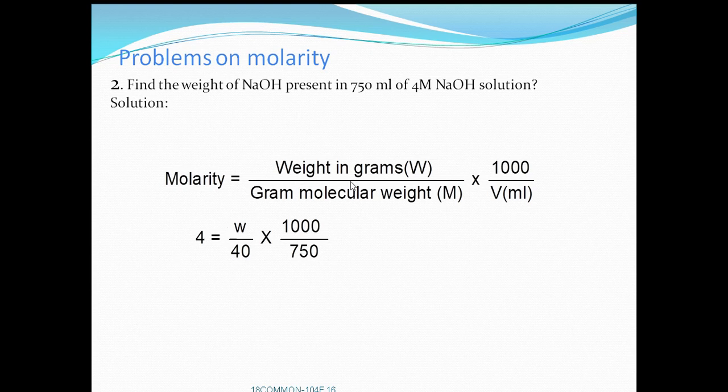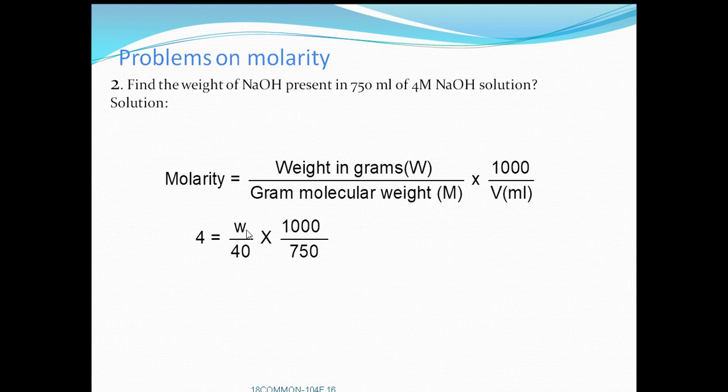So W by gram molecular weight of NaOH. Sodium atomic weight 23, oxygen atomic weight 16, hydrogen atomic weight 1. If you sum all values, we get 40. So W by 40 into 1000 by 750 ml, the volume already given in the problem.